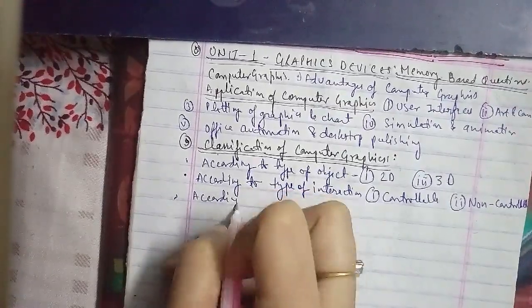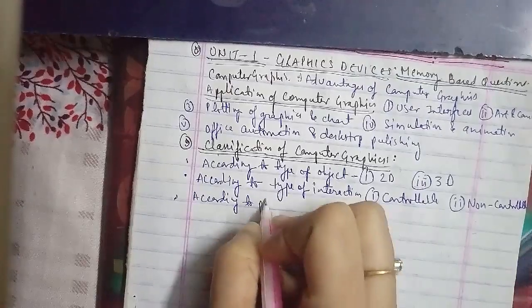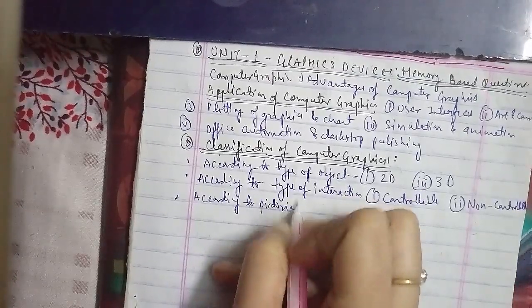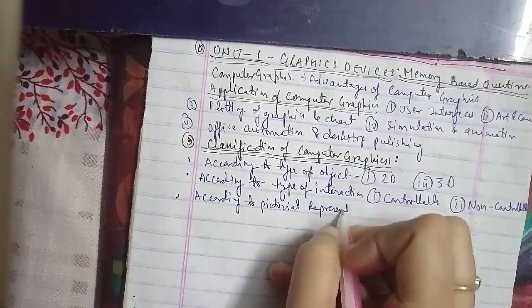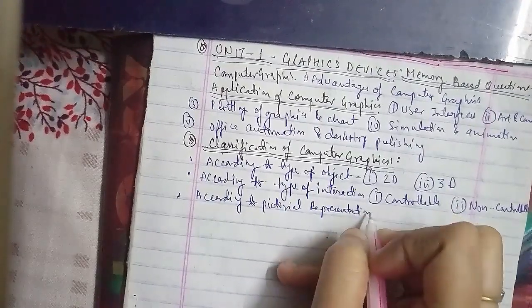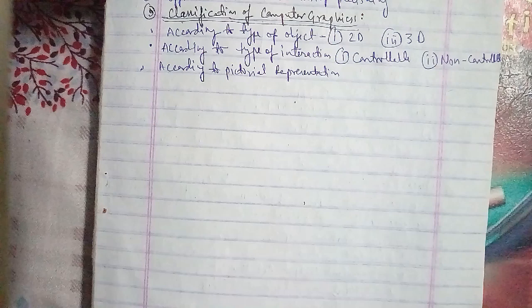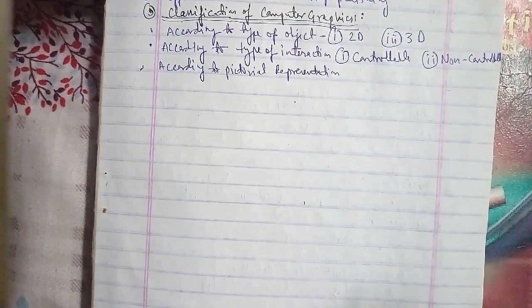The first is line drawing, the second is color image, and the third is black and white image.